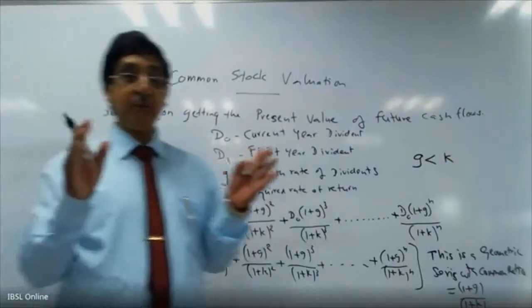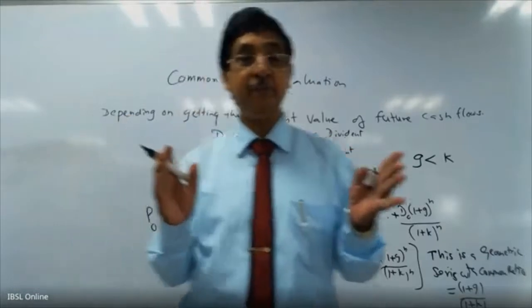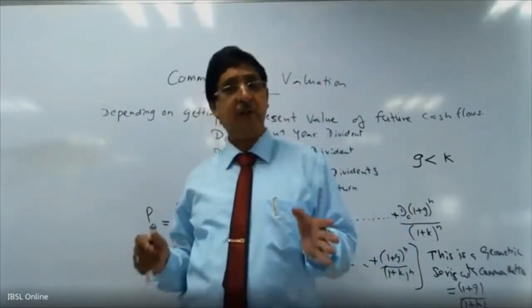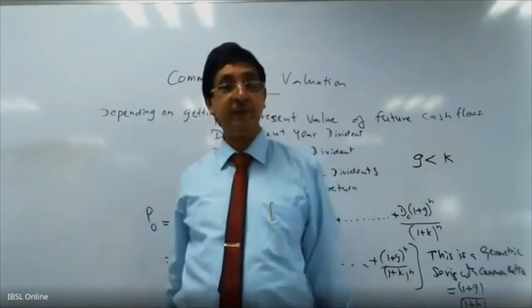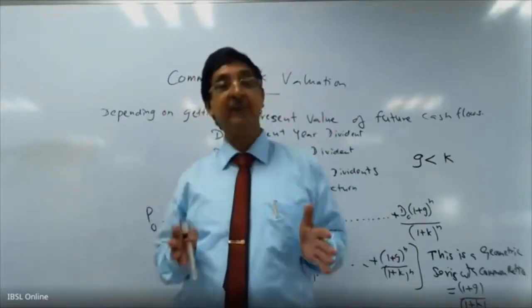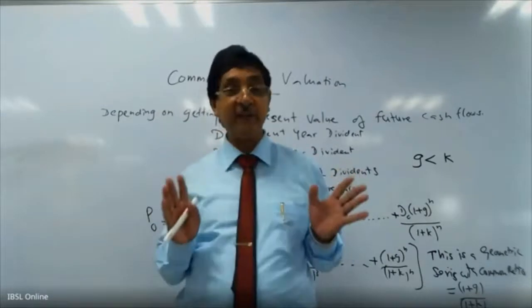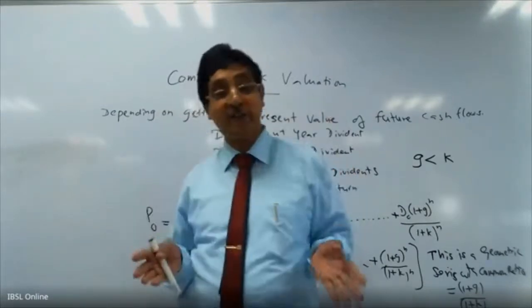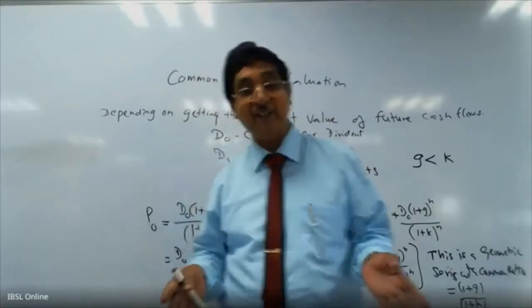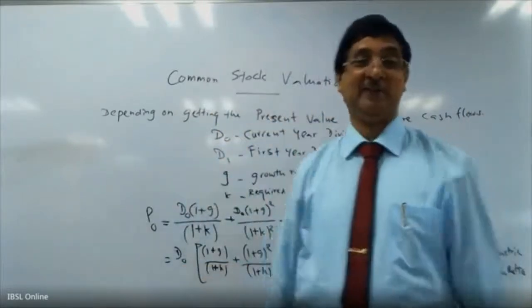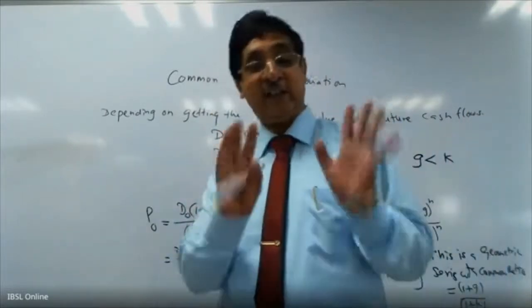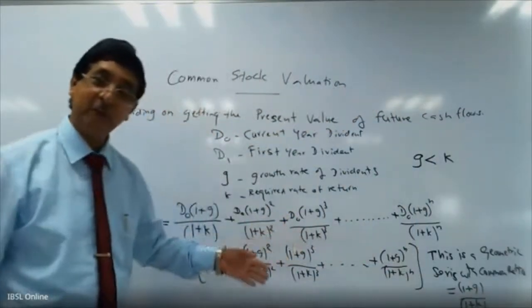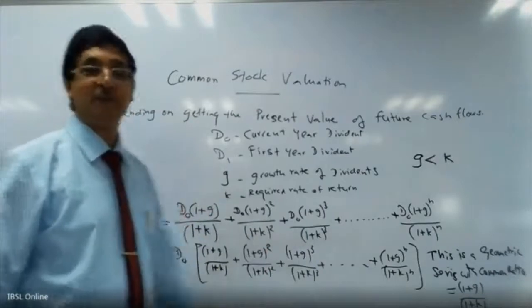Make sure that you have this idea in your mind, but there are peculiar situations where some companies declare dividends and the growth rate is very much higher than the required rate of return. If that is the case, we are not in a position to follow this methodology to arrive at the price of the stock.